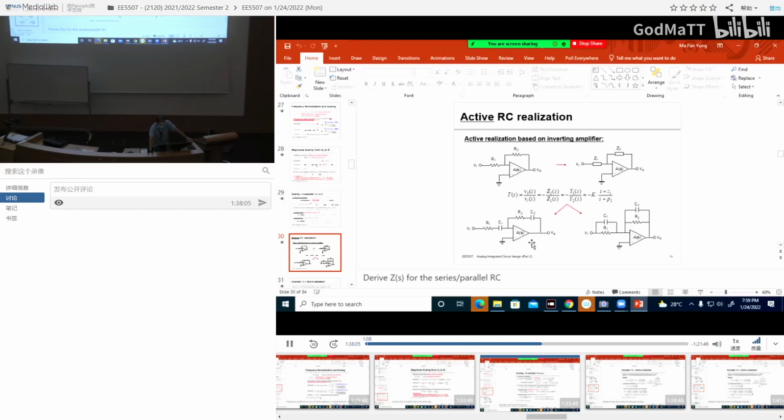So how to implement? Two different circuits can do this. Z1 can be a resistor in series with a capacitor, or Z1 can be a capacitor in parallel with a resistor. You can get a similar kind of expression.